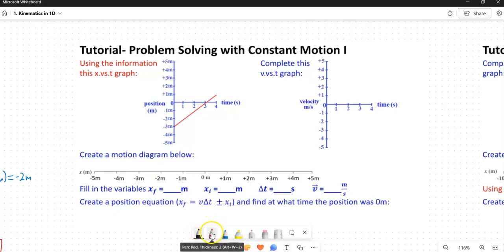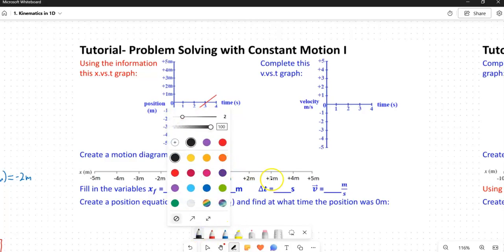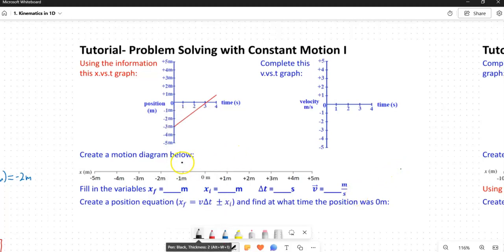So it looks like it's starting off, and I'm going to start off with the numbers here. So it starts off at negative 3 meters. So that's the initial position. And I'm going to put this as my initial dot, and this is going to be 0 seconds. Okay.